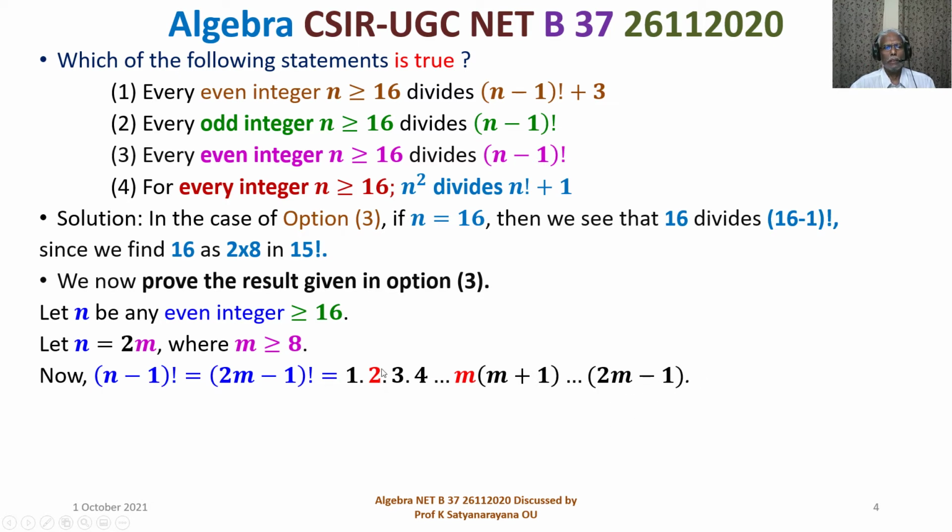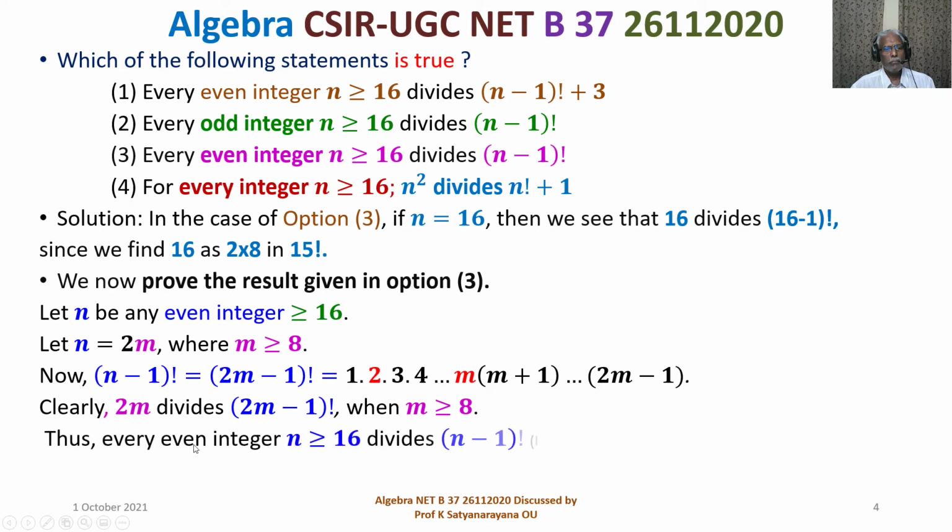In this, we see 2 into m, 2m is there. So clearly 2m divides (2m minus 1) factorial when m is greater than or equal to 8. Thus, every even integer n greater than or equal to 16 divides (n minus 1) factorial.